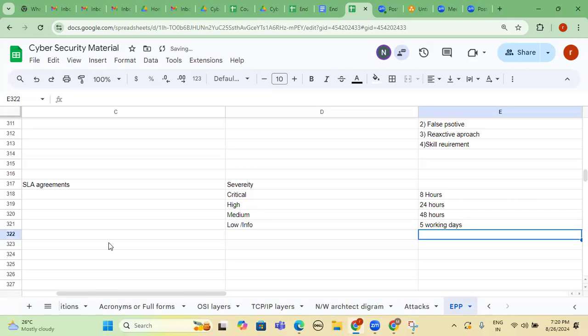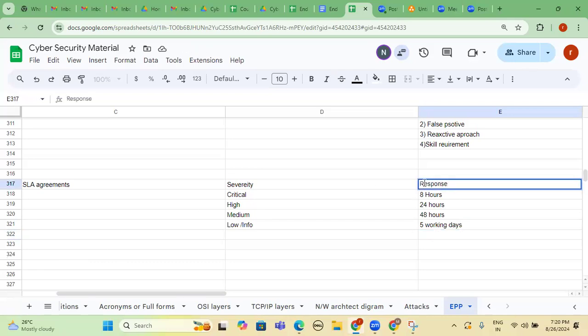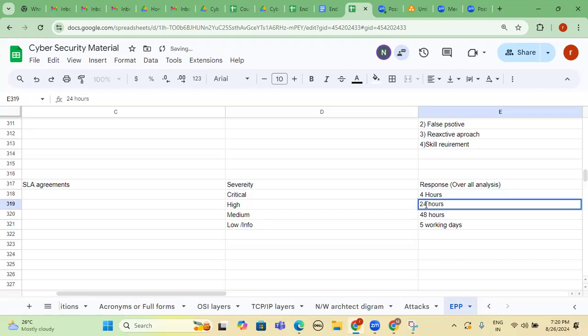So this is response time, basically, for overall analysis. So I will say 4 hours instead of 8 hours. Here I will keep 12. And here I will keep 24.